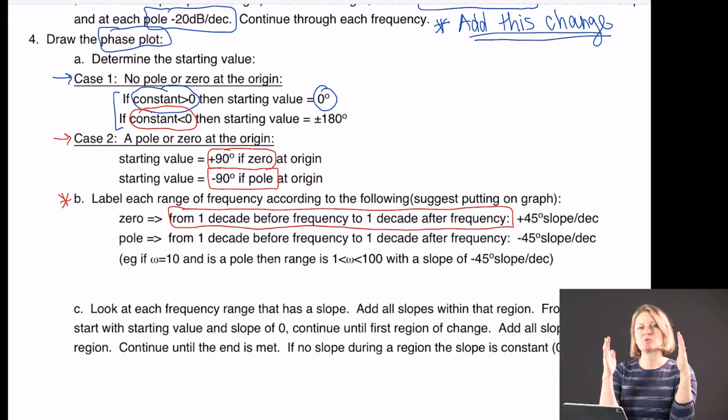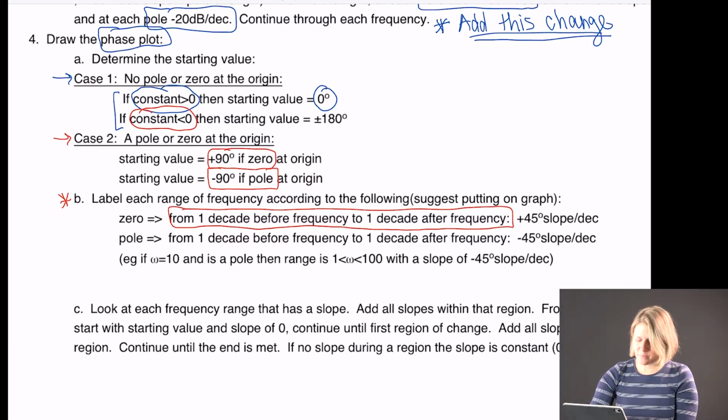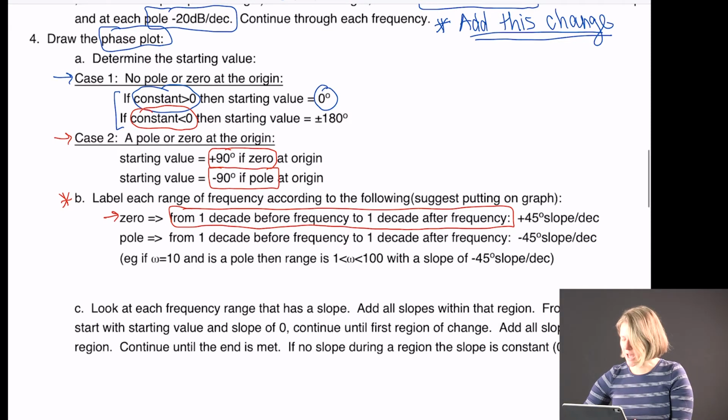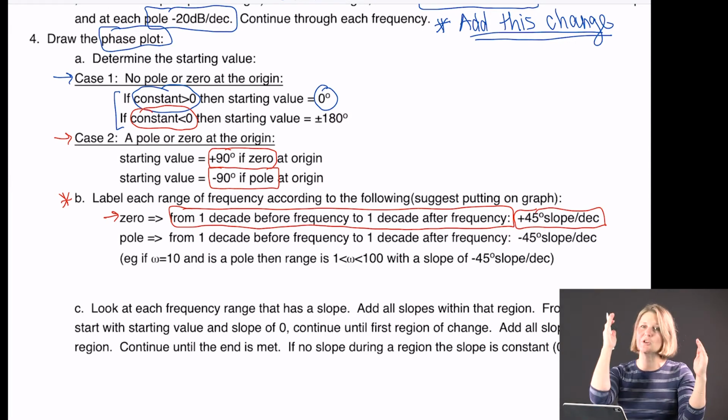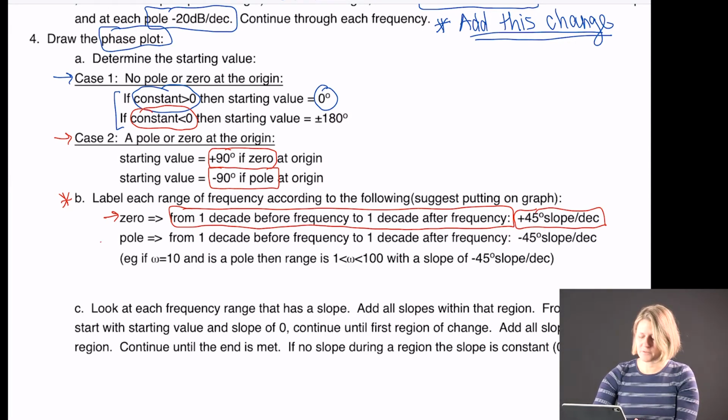This range is where you're going to have an effect from that pole or zero. So again, it's not additive like the magnitude, it's only within that certain range. For a 0, you add the slope only during that range, 1 decade before to 1 decade after. For a pole, you're going to have a negative 45 degree slope per decade.